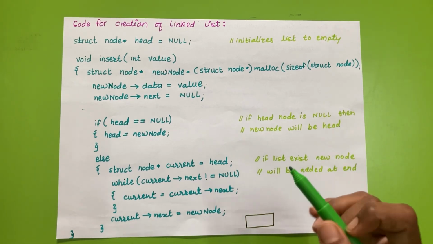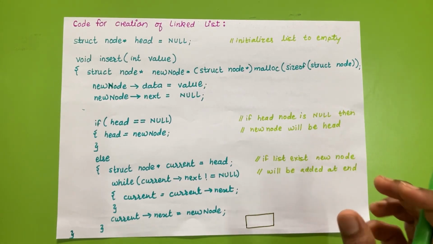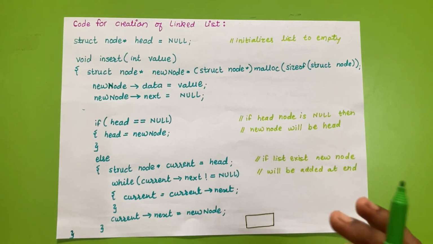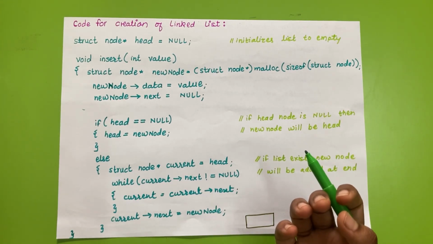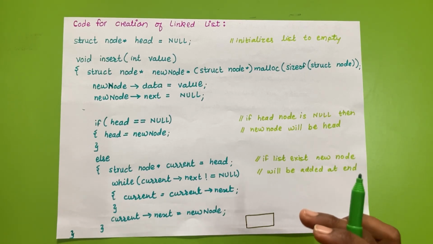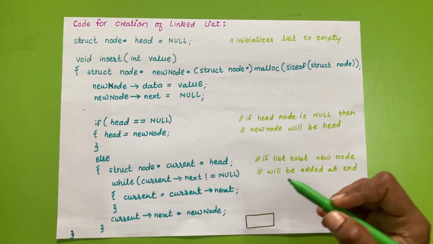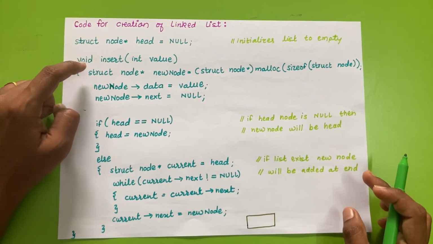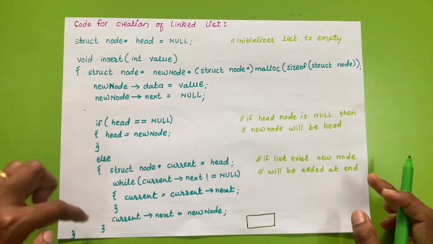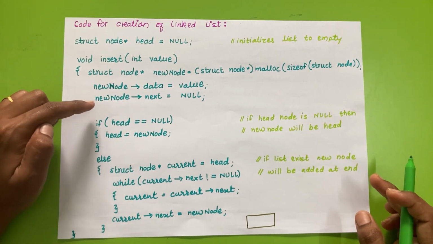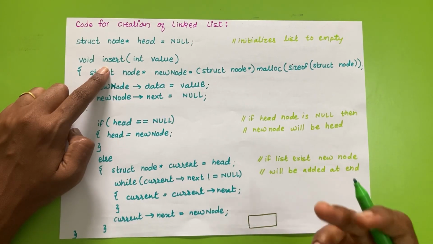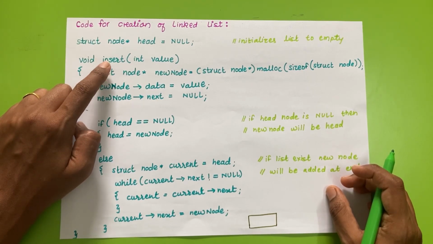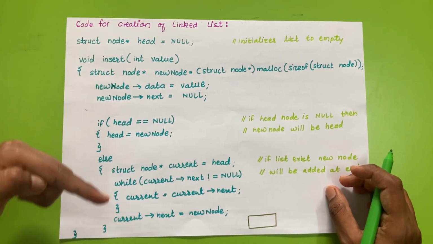In the creation process a single node will be created and inserted in the linked list. The nodes are added in the linked list one by one. Here I have written only the function that will add a single node in the linked list. If we want to create the whole linked list, then we will call this insert function repeatedly.